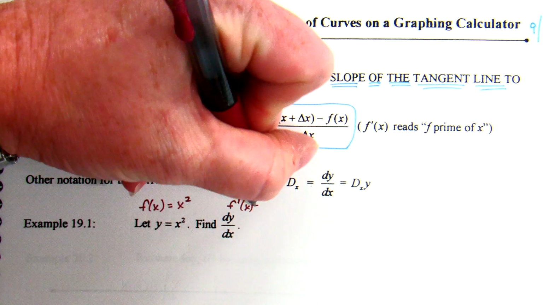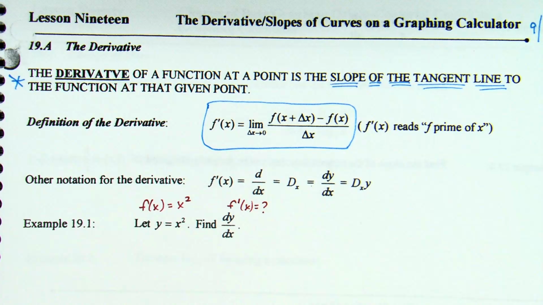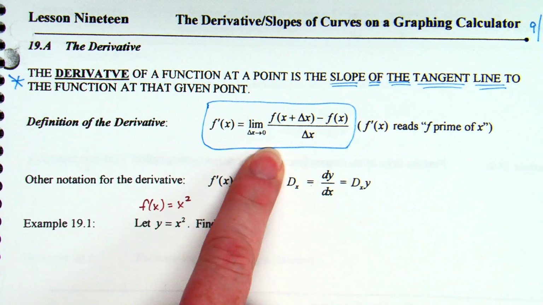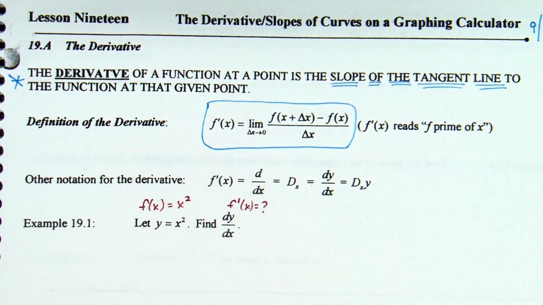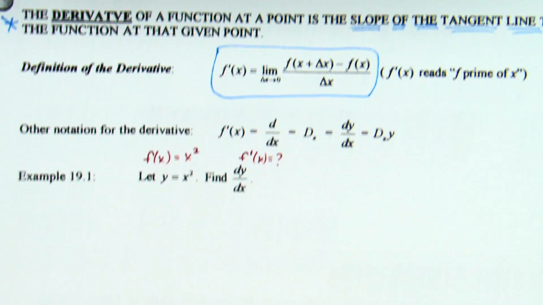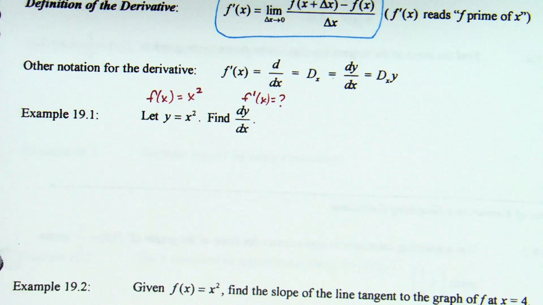They're giving me f of x, asking me to find f prime. How do we know how to find the derivative right now? Using this definition. Okay, so we're going to use this function along with this definition to find the derivative, or in other words, the slope of the tangent line. So, you ready?